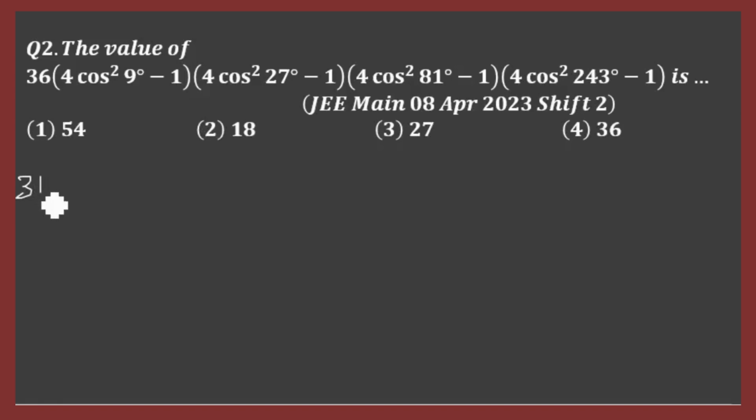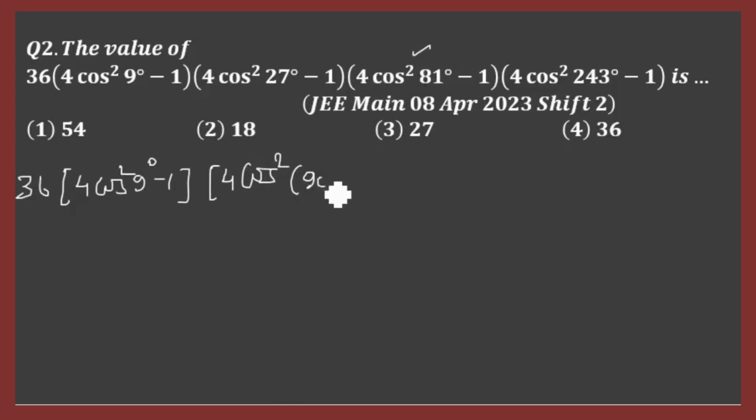So 36, what I do here is I write 4 cos square 9 degree minus 1, and this is 4 cos square 27, and here cos square 81. So 9 and 81 are what? Basically complementary angles, right? So we can write this one as 4 cos square of 90 minus 9, minus 1, and this one as it is, 4 cos square 27 minus 1.